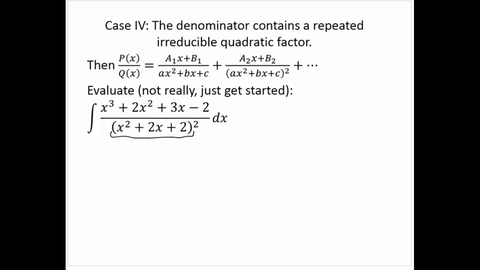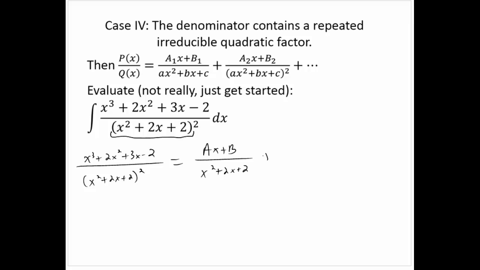So what we would then say is that this can be written as ax plus b over x squared plus 2x plus 2, plus cx plus d over the x squared plus 2x plus 2, squared.